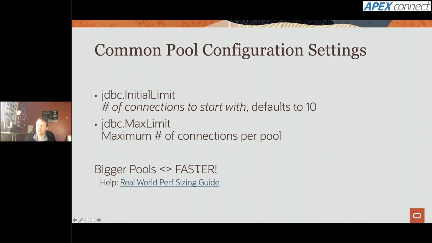Because remember, at the end of the day, you're fighting for CPU cycles on a CPU. So say your database machine has 50 cores. If you have a connection pool of 5,000, guess what happens? You're going to be queuing at some point in that process, right? I mean, it's physics. There's nothing magical here that's going to happen. So the more you fight for that precious resource of the database and its CPU cycles, the more this stuff becomes important.